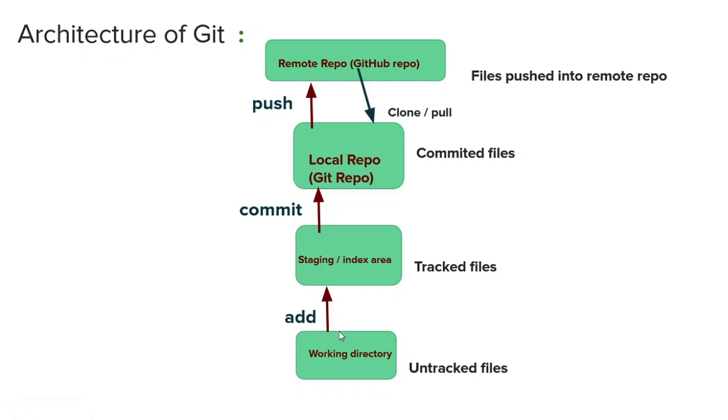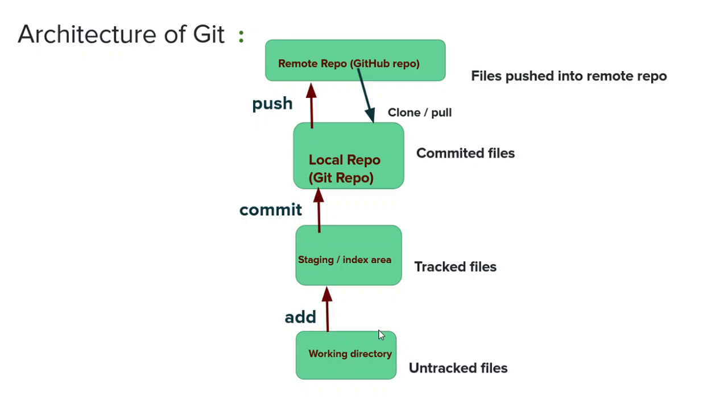Whatever code we are writing, before we commit that code to the local repository, that is the Git repository, we have to add that code into the staging area or index area. It is a temporary area where you prepare and organize changes before committing them into the local repository.